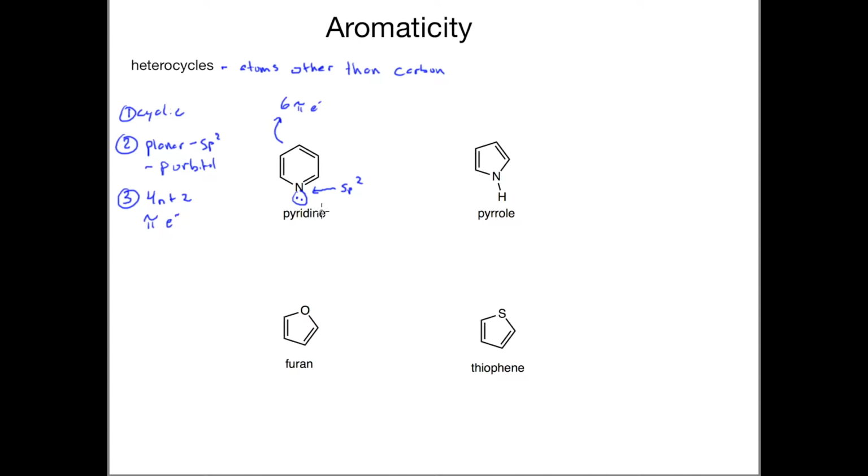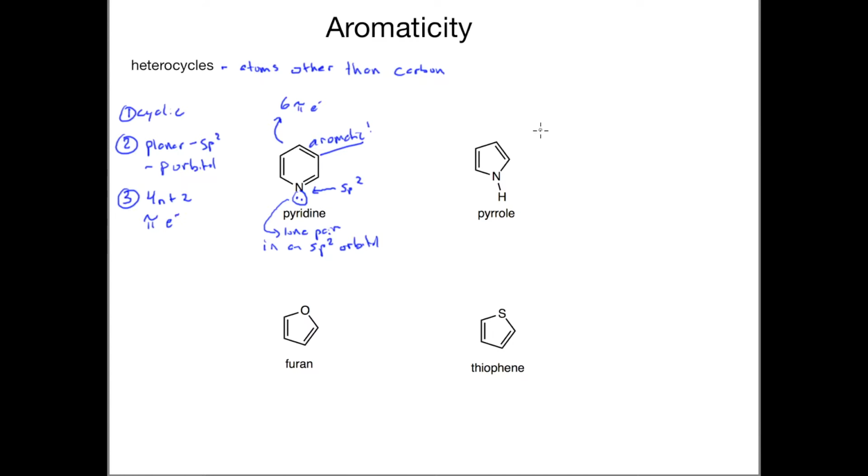Right, so it's kind of hanging out there, and we'll talk more about that a little bit later. So we can see that we have 6 pi electrons. This fits very nicely with Huckel's rule, and so here we have something that is indeed aromatic.